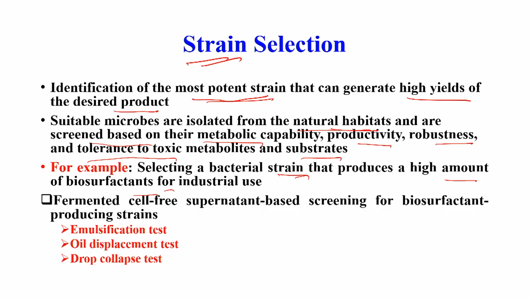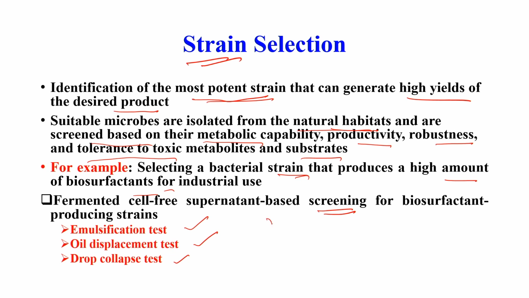So, first you isolate, then you have to screen. You can screen based on the emulsification index, if it is forming a good emulsion, or whether it is able to displace the hydrophobic oil molecule or break the layer of the oil molecule, which is the drop collapse test.